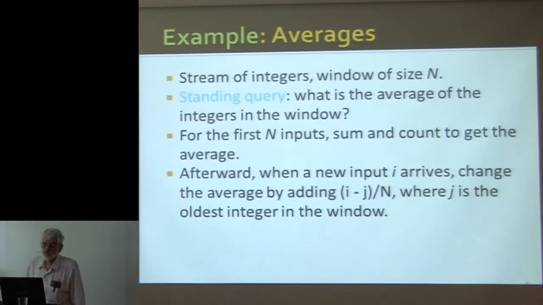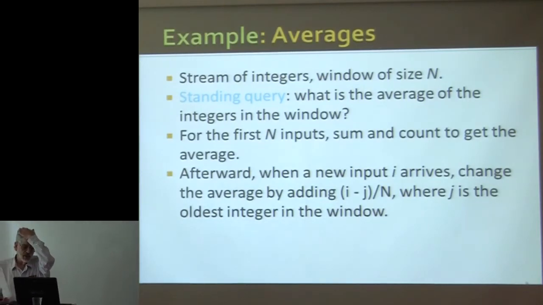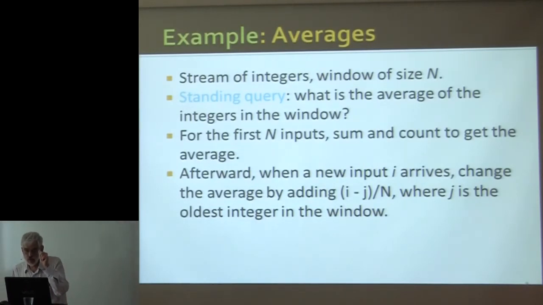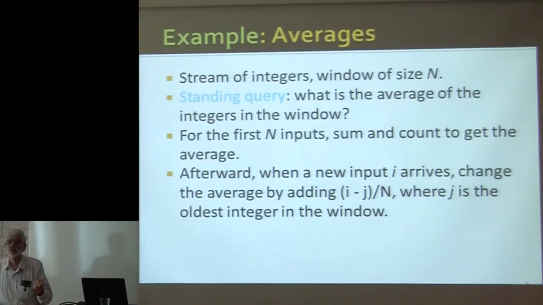Now, after you've got your first n inputs, the window begins to slide. Say I is the next input. Now, the oldest input that's in the window is going to fall out of the window.